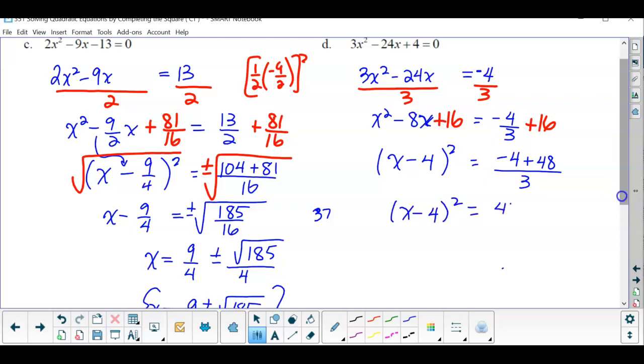So really that's 44 over 3. And square root.